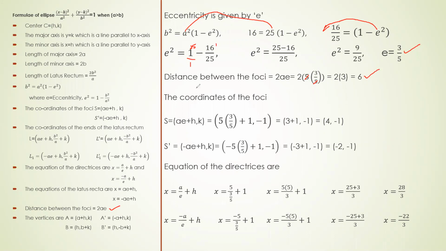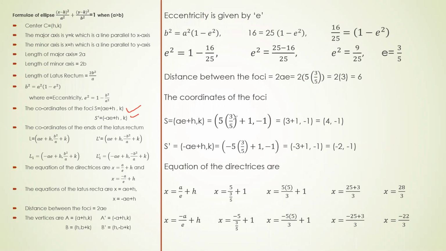Okay. Next, they have asked you to calculate the coordinates of the foci. The coordinates of the foci are S and S dash. So what is S? That is ae plus h comma k, and S dash is minus ae plus h comma k. So let us substitute ae plus h comma k.